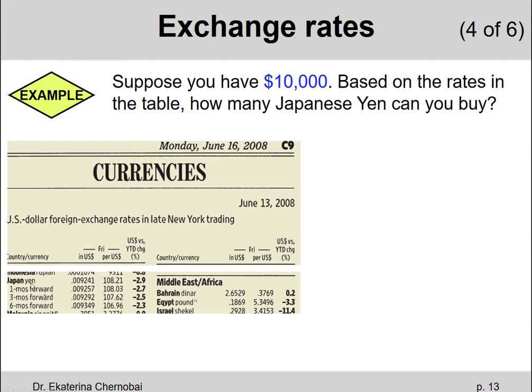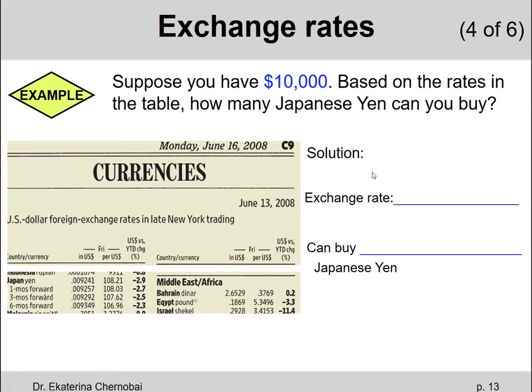Okay, so from this table, we are looking up the row for the Japanese yen. Column 1, labeled as in US dollars, says 0.009241. Column 2, labeled as per US dollar, says 108.21.